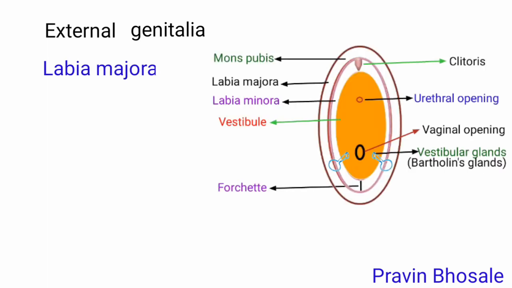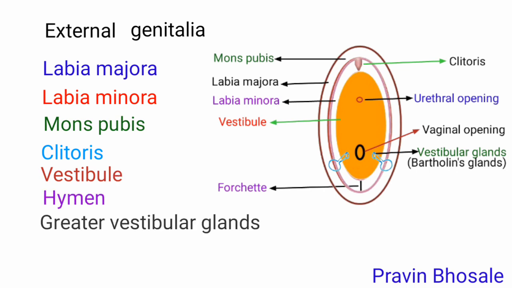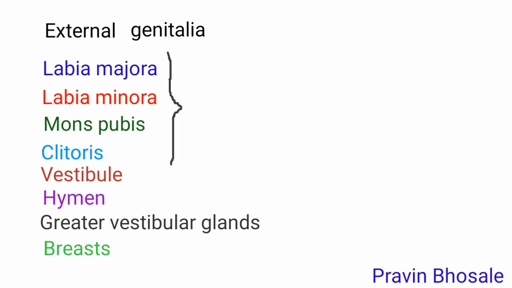External genitalia are labia majora, labia minora, mons pubis, clitoris, vestibule, hymen, greater vestibular gland and breast. Of these, labia majora, labia minora, mons pubis and clitoris are collectively called vulva.